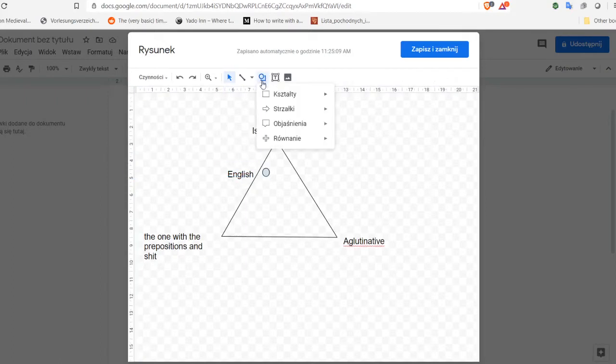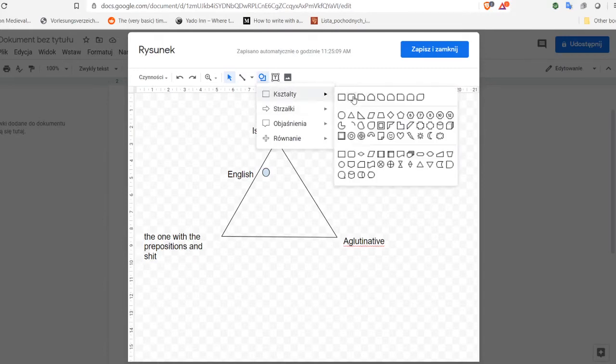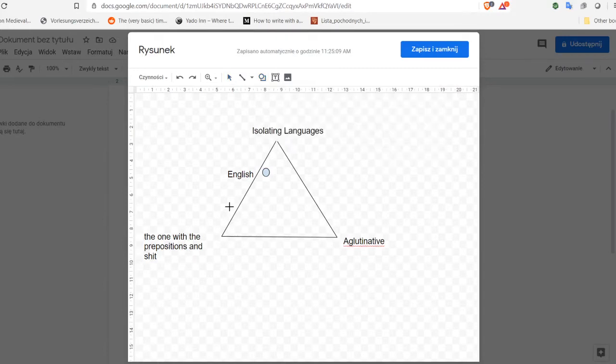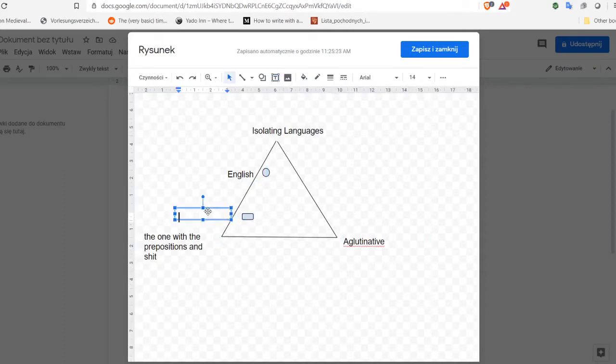Polish, another language I actually speak, would be, I would say, also around here. That would be because we use prepositions a lot, but we do have a big amount of loanwords as well.